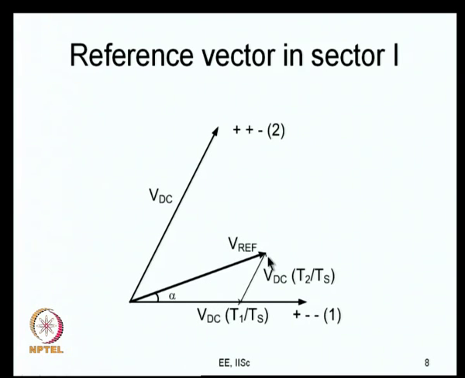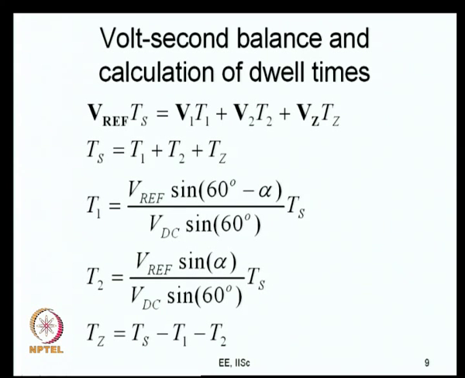Let us say you have sampled, and that sample lies between these 2 vectors, active vector 1 and active vector 2. As you can recall, we will apply active vector 1 for some T1 seconds and active vector 2 for T2 seconds, and the null vector for the remaining Tz seconds to produce an average voltage vector equal to this reference vector. So, that is what is illustrated in this diagram.